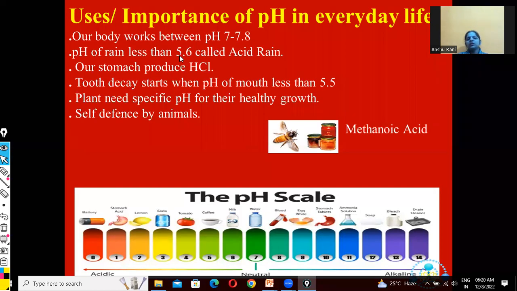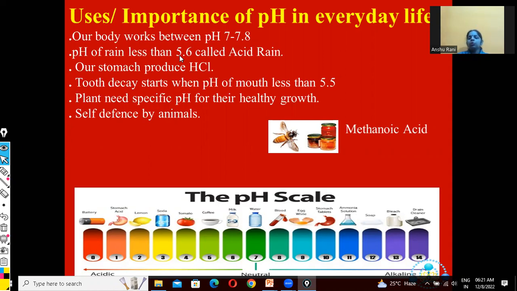Tooth decay starts when the pH of our mouth is less than 5.5 due to consumption of too many sugary substances. If you are taking too much chocolate, too many sugary things, or too many cold drinks and soft drinks, that will all cause tooth decay. Plants need specific pH for their healthy growth.